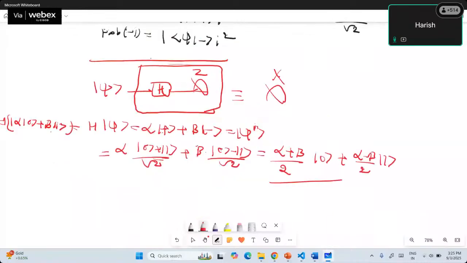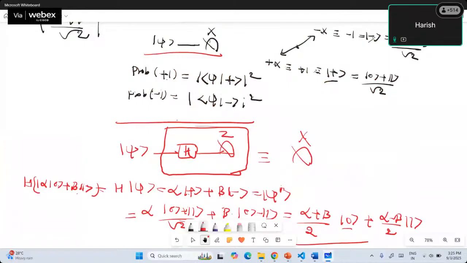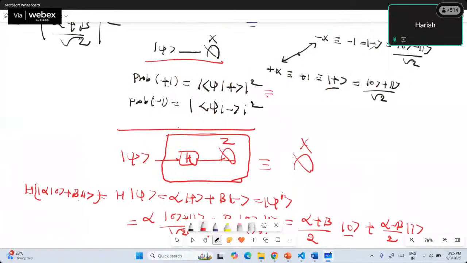So the probability of plus 1 is mod alpha plus beta by root 2 squared.